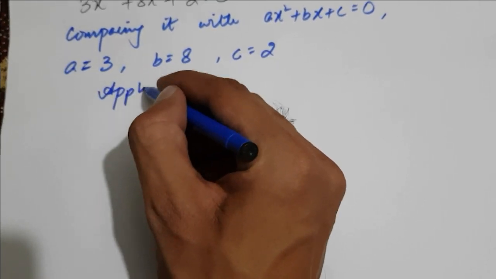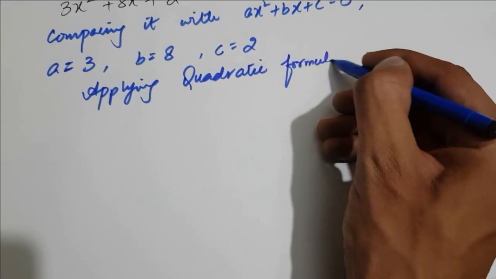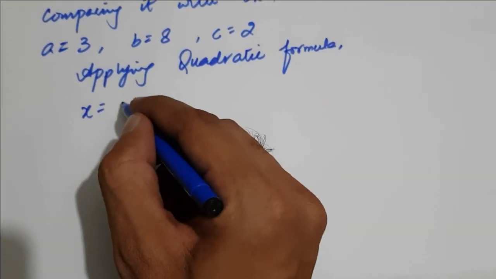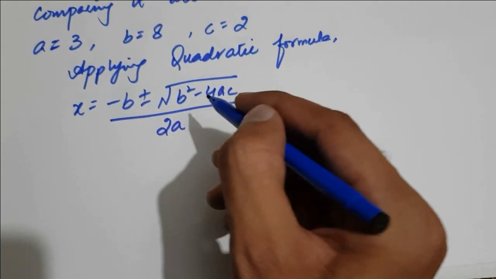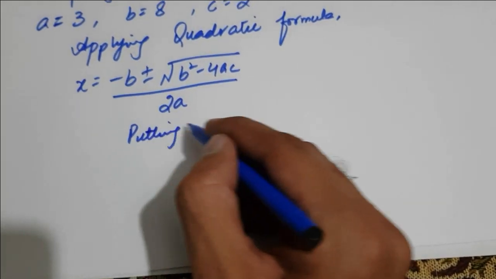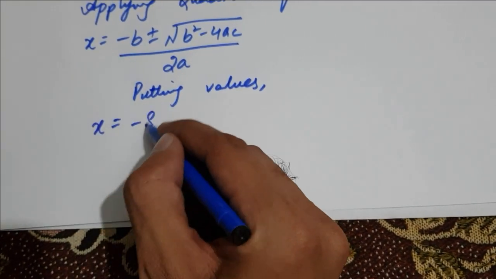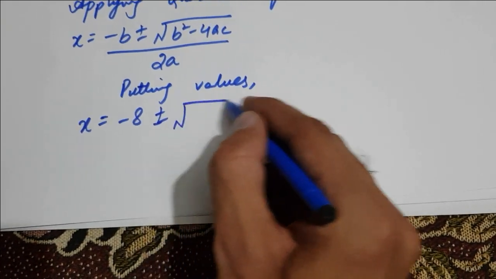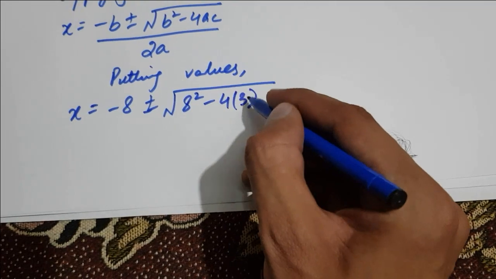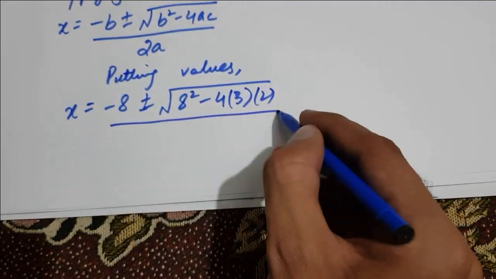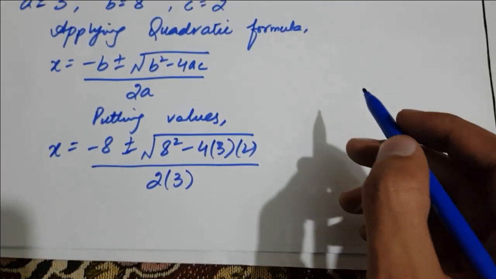Now simply applying the quadratic formula, which says x equals minus b plus minus square root of b squared minus 4ac over 2a, and putting the values of a, b and c, we get x equals minus 8 plus minus square root of 8 squared minus 4 multiplied by 3 multiplied by 2, divided by 2 multiplied by 3, which is the coefficient of a.